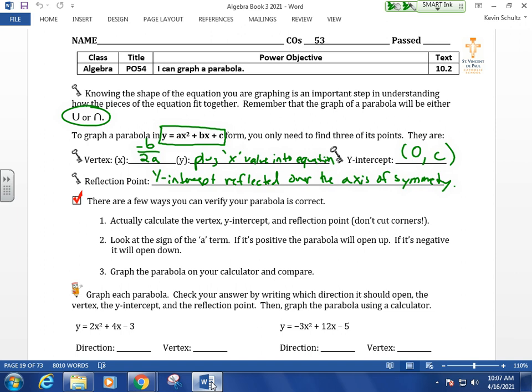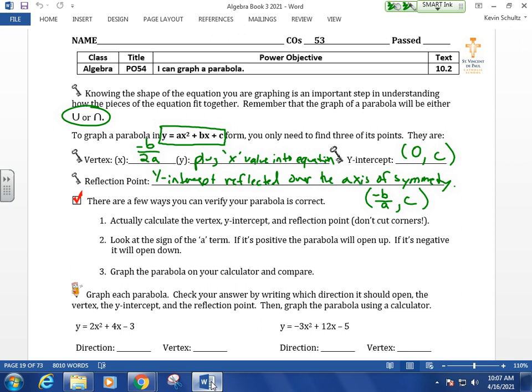Mathematically, here's how the reflection point ties into the vertex and the y-intercept. As an ordered pair, the reflection point will be negative b over a, c. Negative b over a, c.